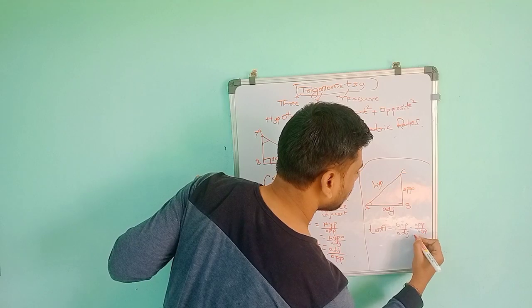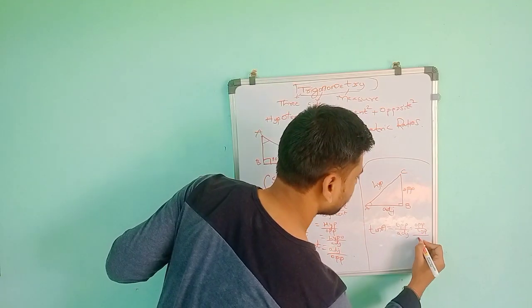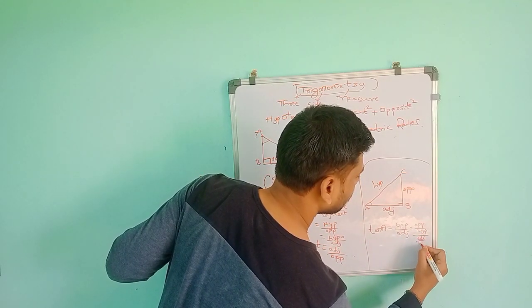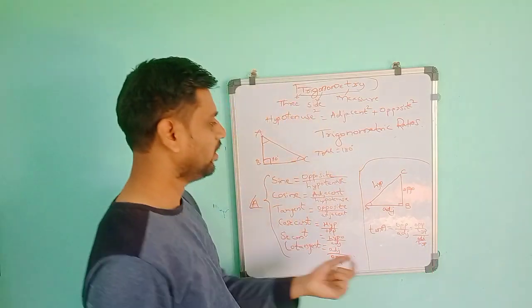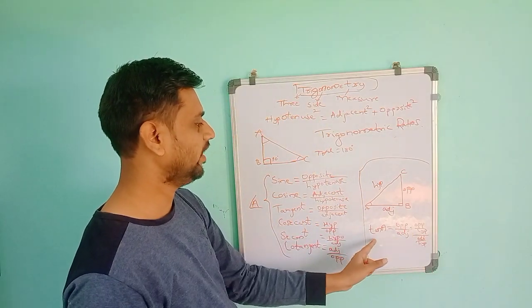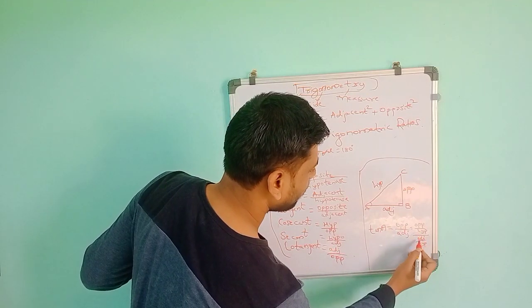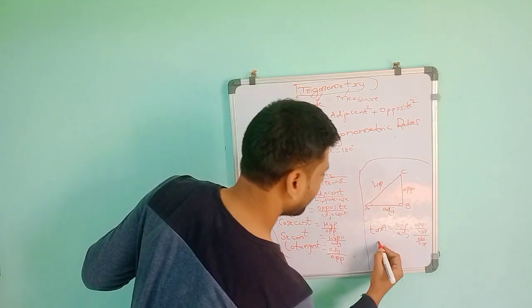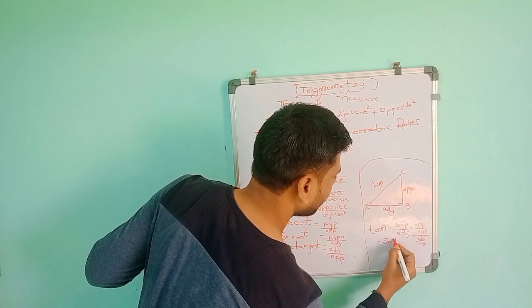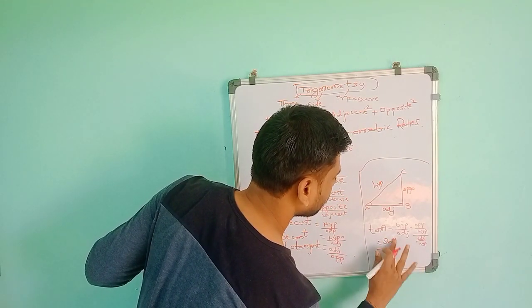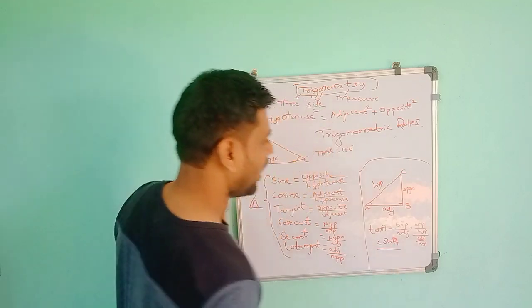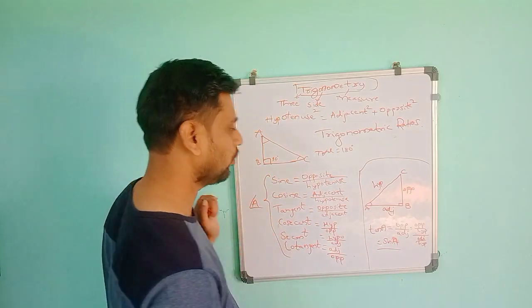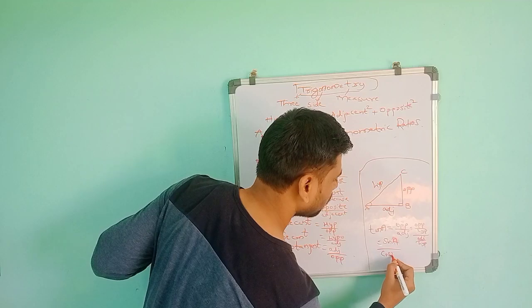If you divide by the hypotenuse on both sides, it becomes opposite by hypotenuse and adjacent by hypotenuse. The opposite by hypotenuse is nothing but sin A, and adjacent by hypotenuse is nothing but cos A.